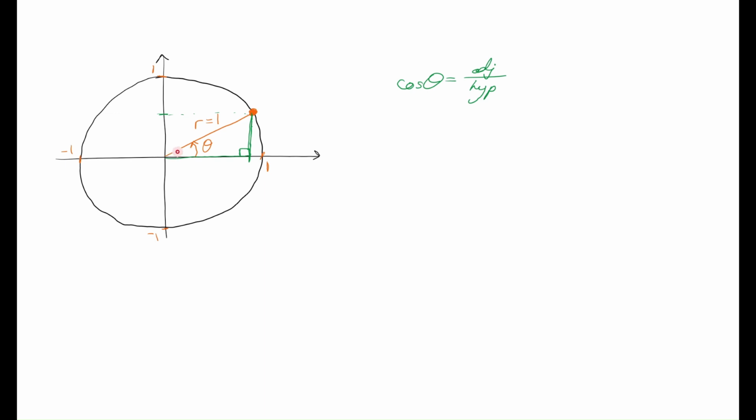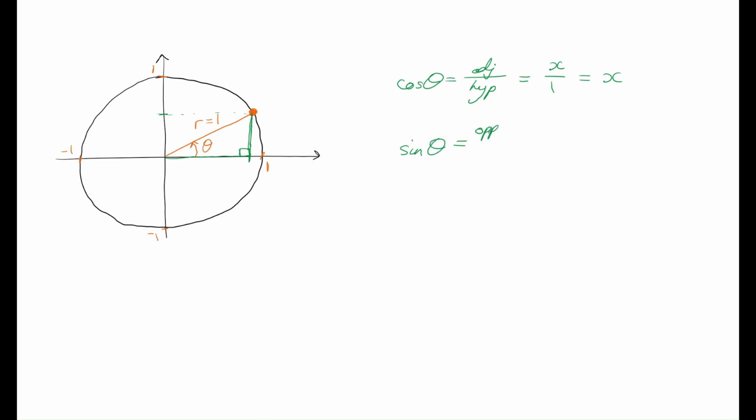Now, my hypotenuse on this triangle here is the radius, and that's just 1. The adjacent side, here's my angle theta, is whatever's going along the x coordinate, right? This is my adjacent side, it's going along the x-axis. So I can say that cos theta is equal to the adjacent, so the x coordinate over 1, which is just x.